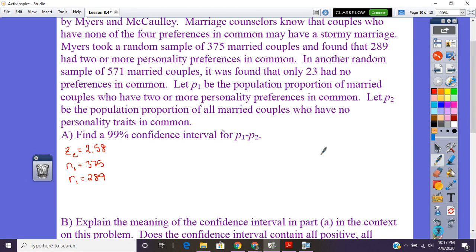Then we also need, which will help us find our P1, PCAP1. All right, so we need our N2 and our R2. So our N2 is 571, and our R2, our successes there, would be only 23.